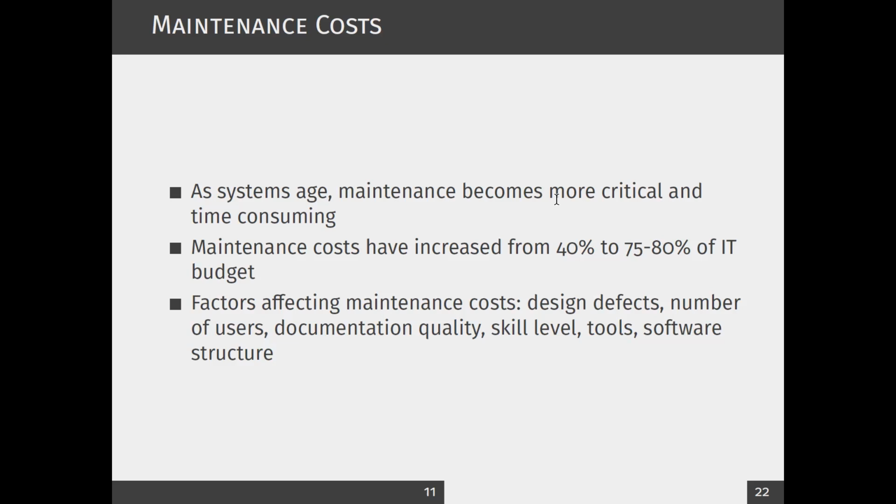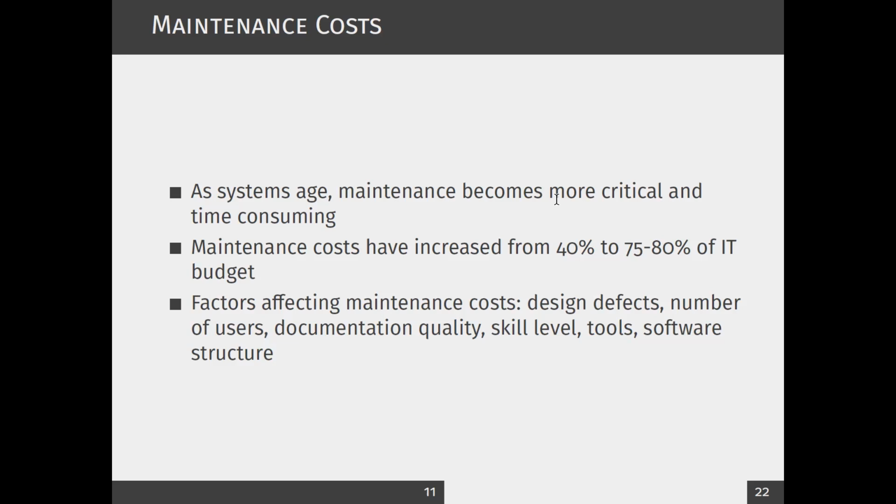What happens is when the system ages, maintenance becomes more crucial and also time consuming. That means when you start a system, after 10 or 15 years, there will be a lot of time you have to spend on maintenance. So usually we say maintenance costs will increase from 40% to 80% of the budget.